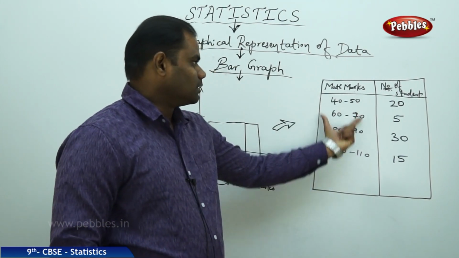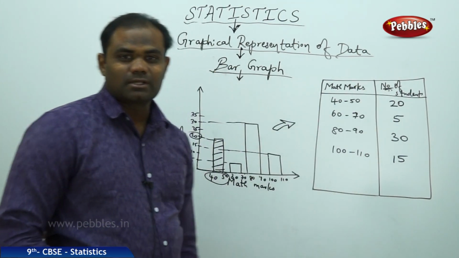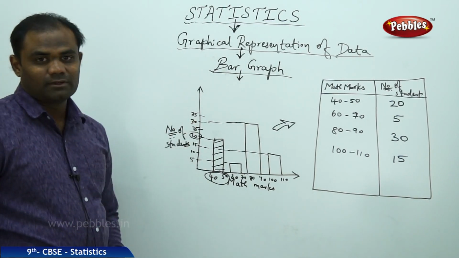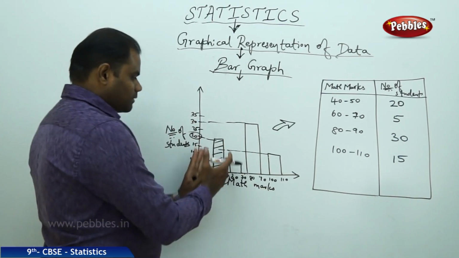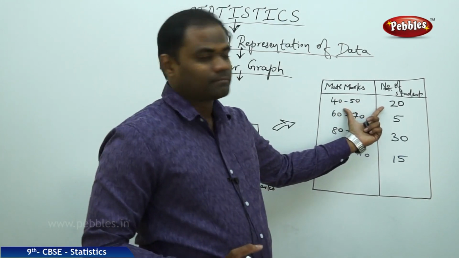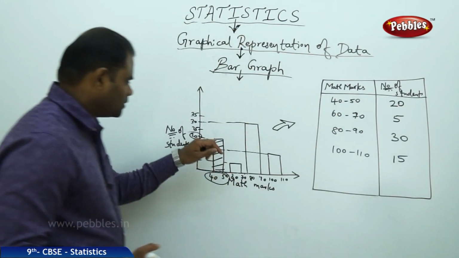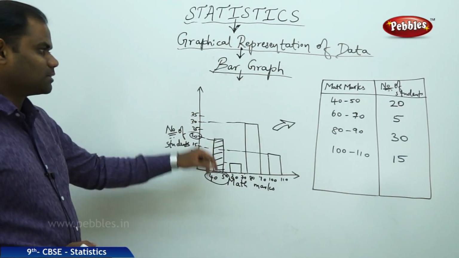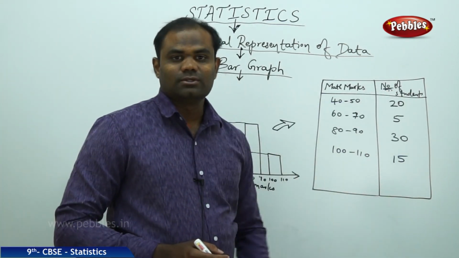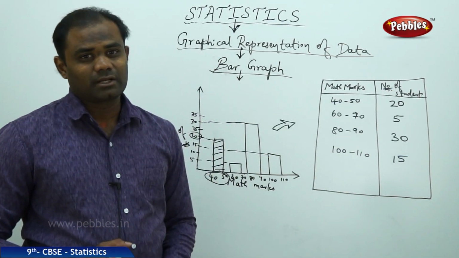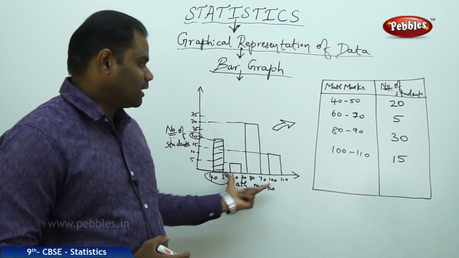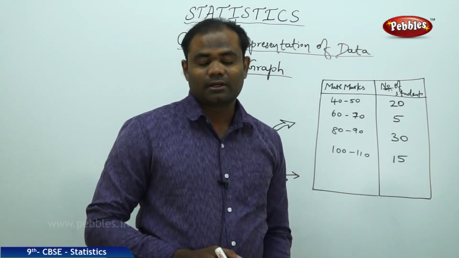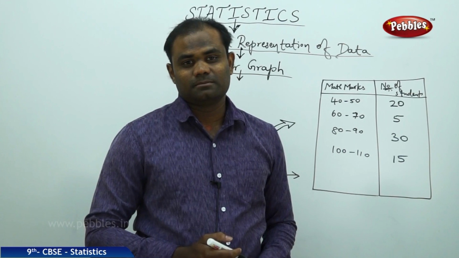So class interval and frequency is understood through the bar graph. The size of the bar gives me the class interval, and the tip of the bar touching the y-axis gives me the number of students. Is how we understand the bar graph, helping me in deriving a construction of frequency table.